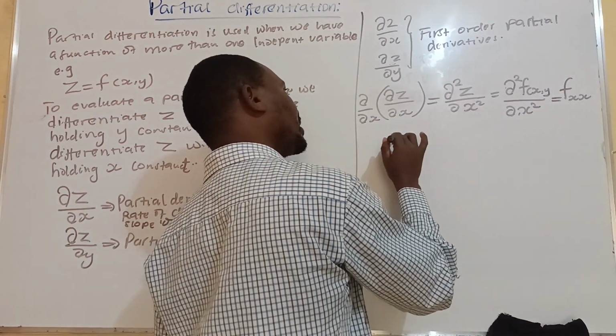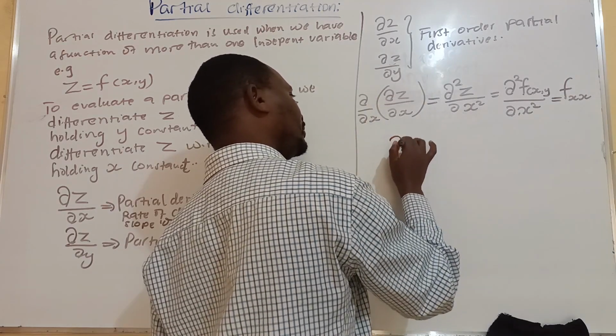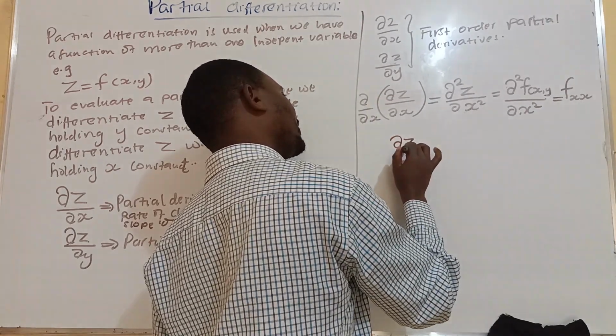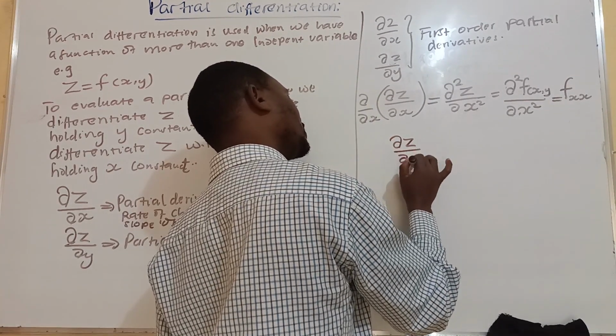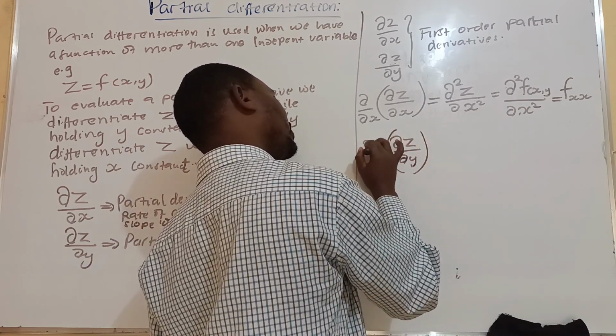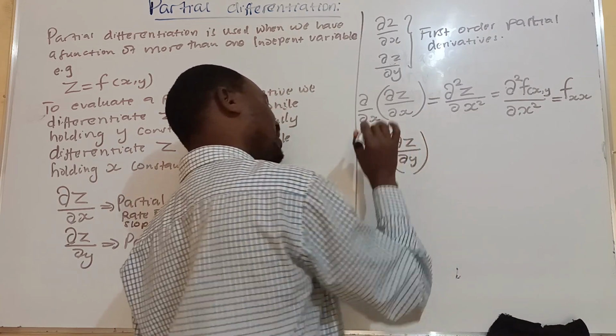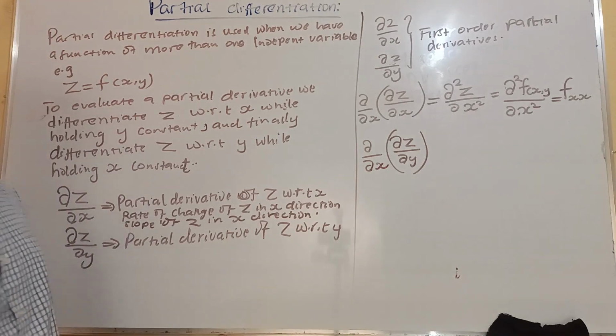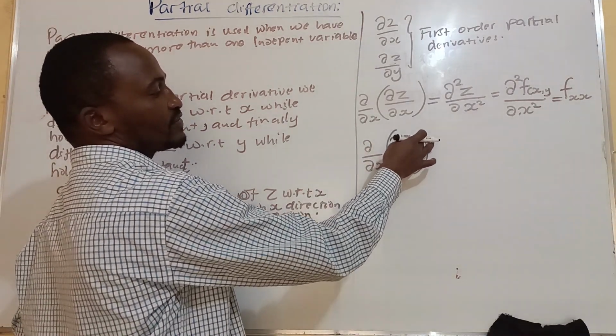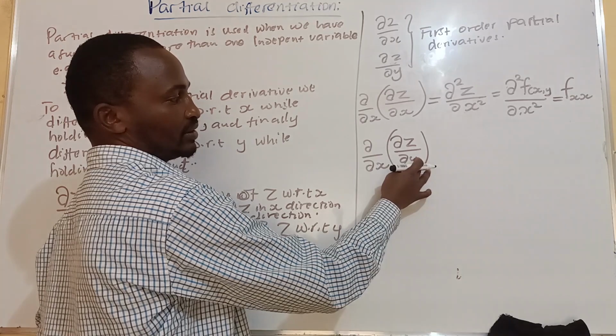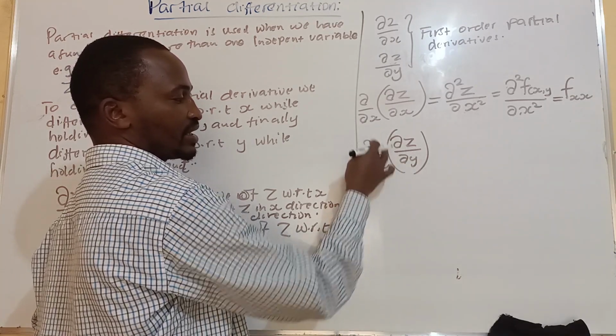If you now take this first order partial derivative of z with respect to y, and you are told to find it, to differentiate it again with respect to x. First order partial derivative of z with respect to y, then we are told to differentiate again with respect to x.